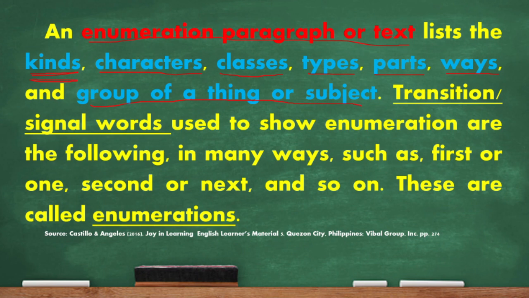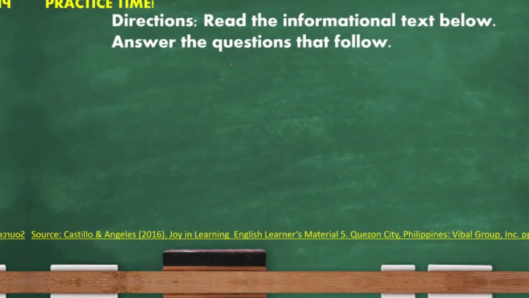Transition or signal words are used to show enumeration. They are the following: in many ways, such as first or one. We can use one or first. Of course, if there is one, there is second, third, or next, and so on. These are called enumerations.